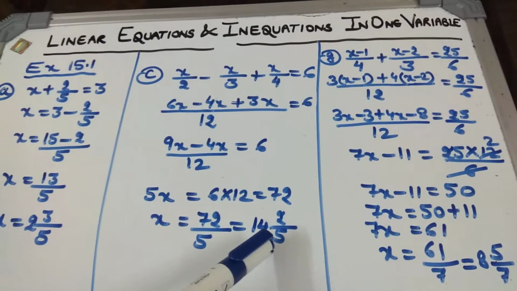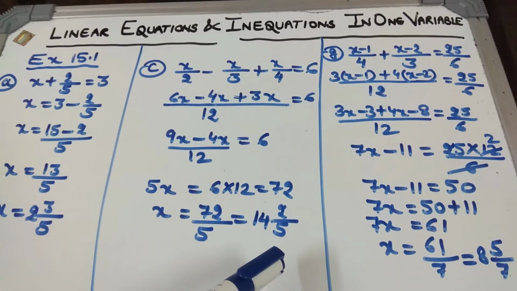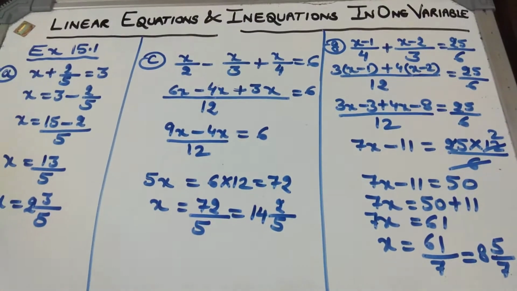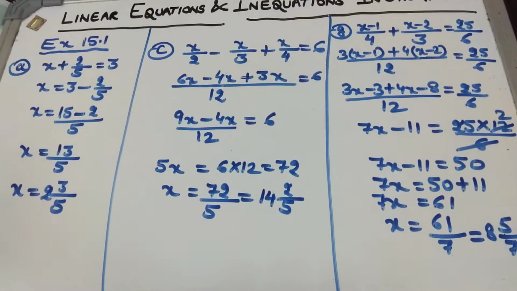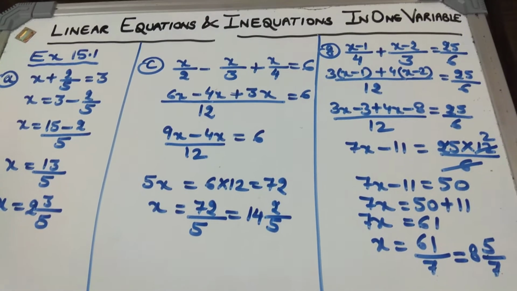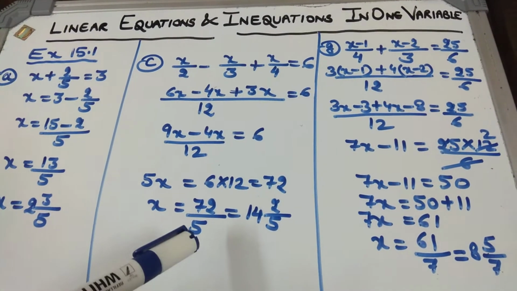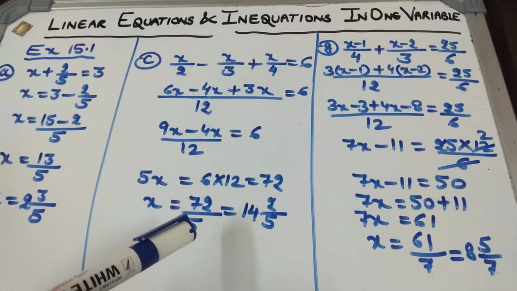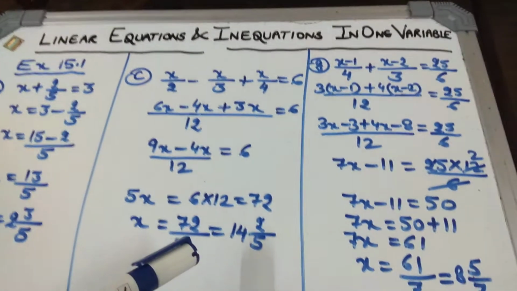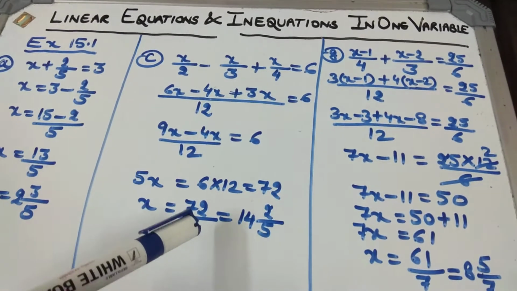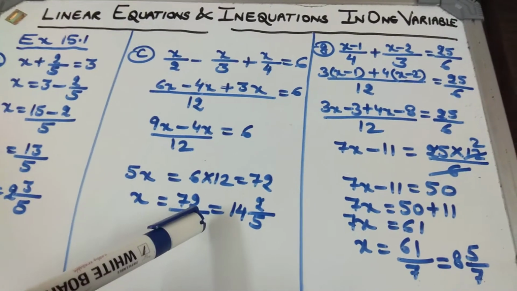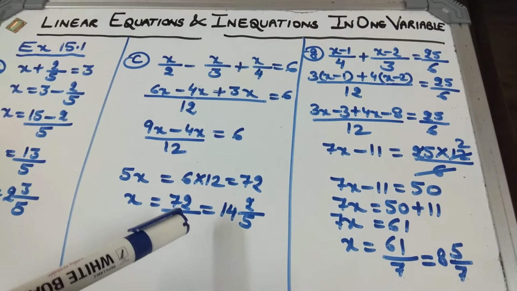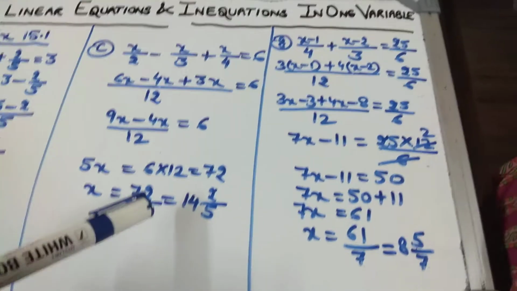So 14 whole number 2 by 5 will be the final answer. Children, try to understand each and every step and try to do the questions on your own. I am giving you the solution so as to understand the concept, and then go on for solving it yourself. Now I am doing another good question, that is G part.